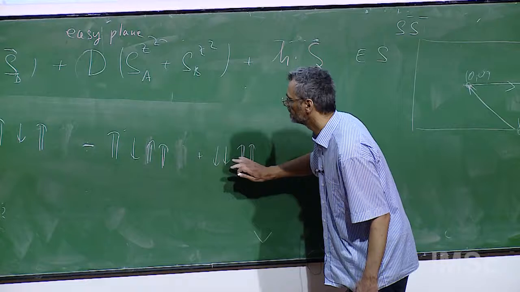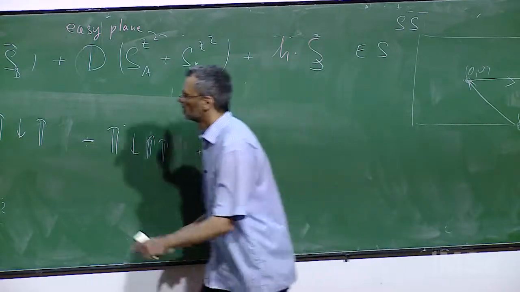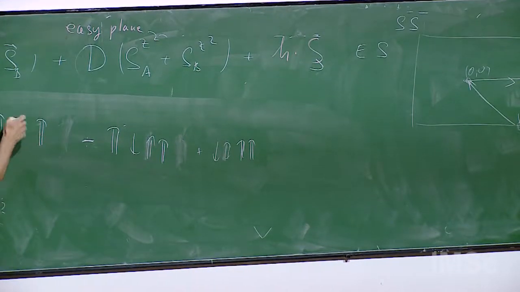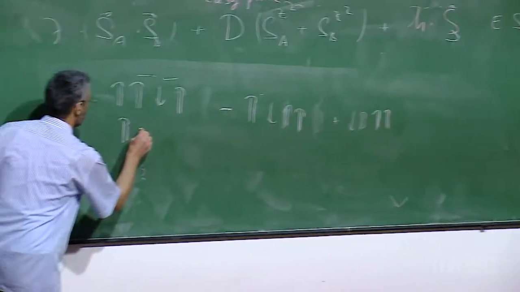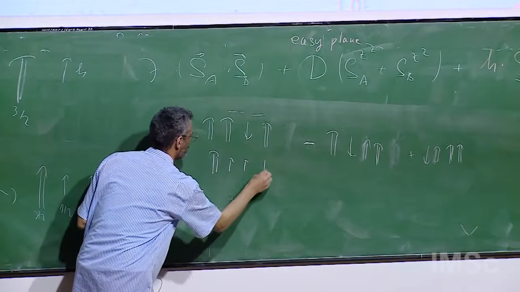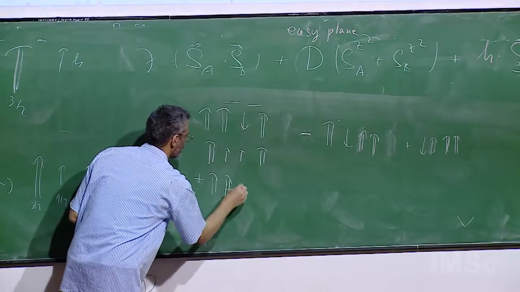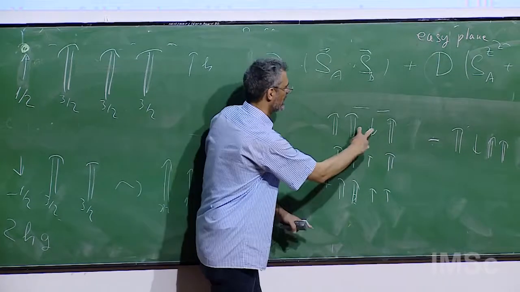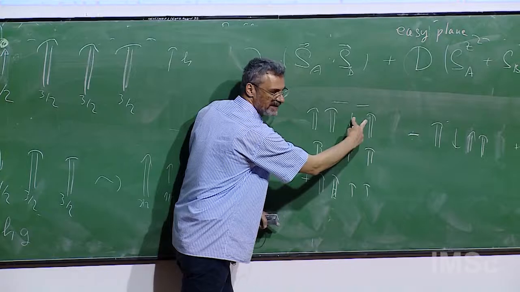So the question is, can this decay? Right. So if I apply the S plus S minus operator on these two bonds, I will get up, up, up, up, plus up, up. Is this clear? I apply the S plus S minus here, the S plus S minus here.